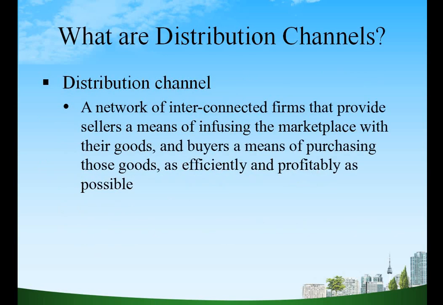The next part is the distribution channel. And what is a distribution channel? A distribution channel is a network of interconnected firms that provide sellers a means of infusing the marketplace with their goods and buyers a means of purchasing those goods as efficiently and profitably as possible.